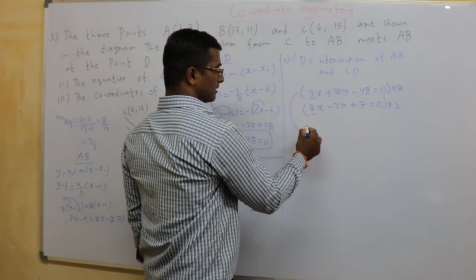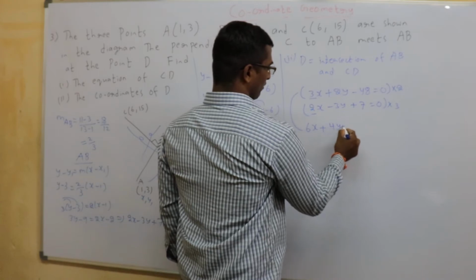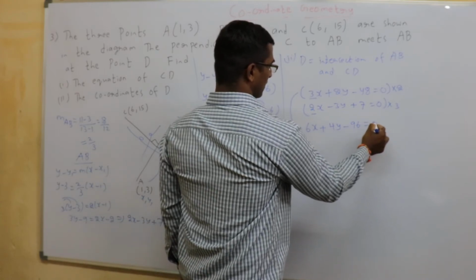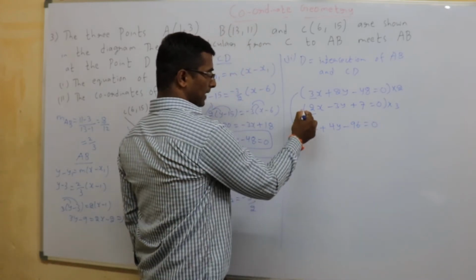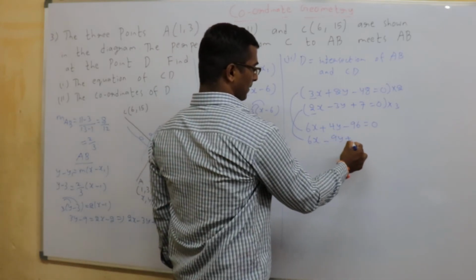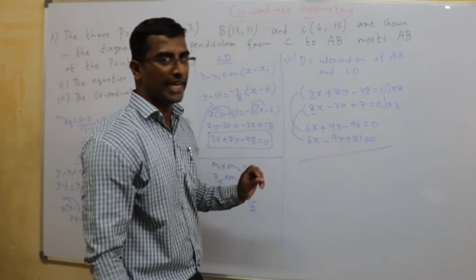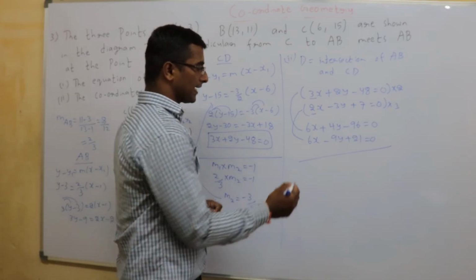So when I multiply this by 2, I get 6x plus 4y minus 96 equal to 0. When I multiply this by 3, 6x minus 9y plus 21 equal to 0. If I add, they won't get cancelled, so I am subtracting.